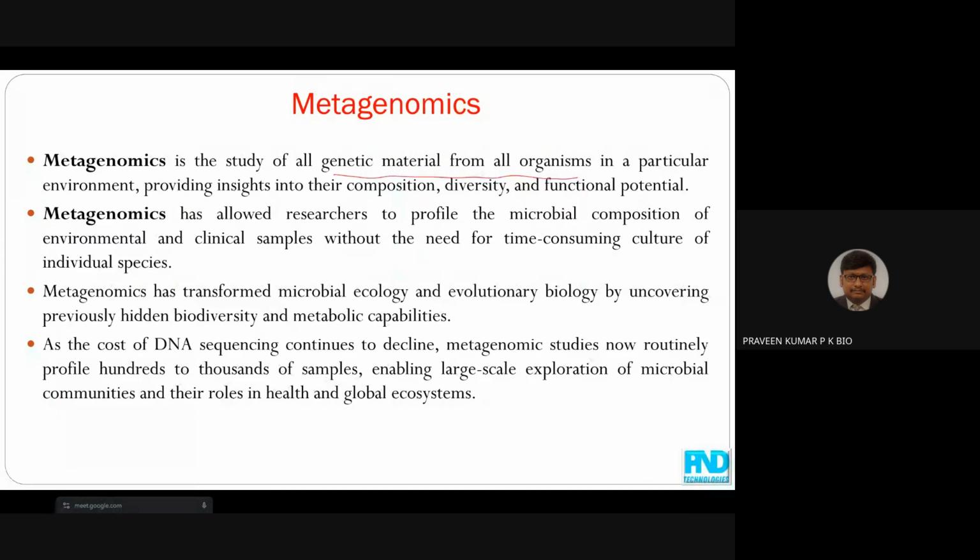Based on the gut bacteria, we can find whether we are healthy or not. Like this, we can even find the bacteria present in the environment. If you work on this kind of genomics, especially with respect to the environment or the gut, this type of genomics is exclusively called metagenomics.